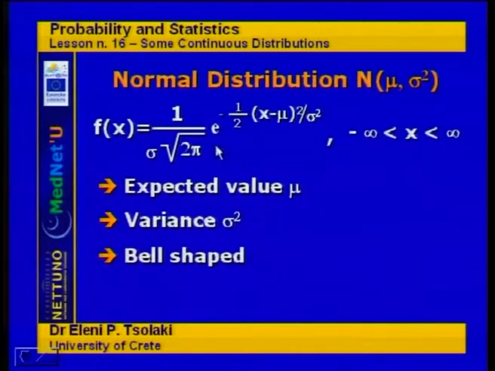Also, the normal distribution has the property that it is bell-shaped, it has the shape of a bell, and it is symmetric. It has this important property here.